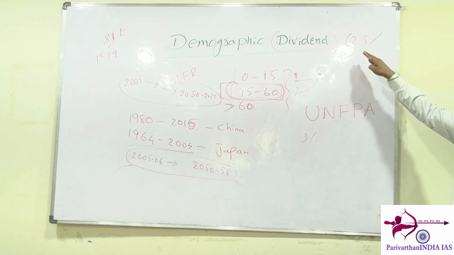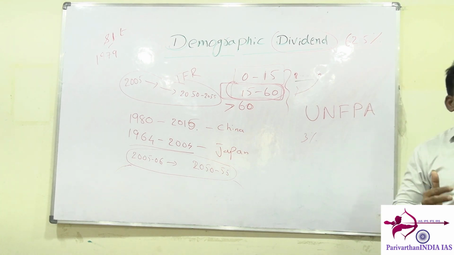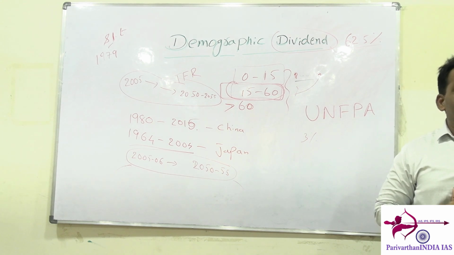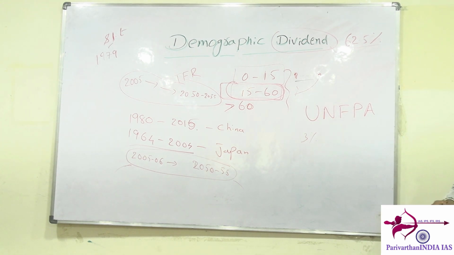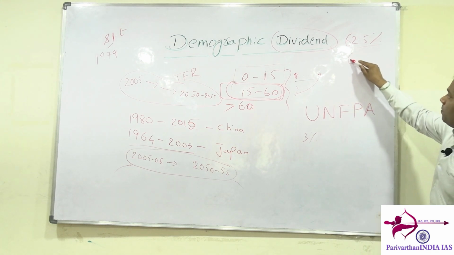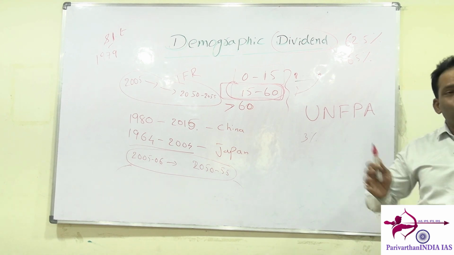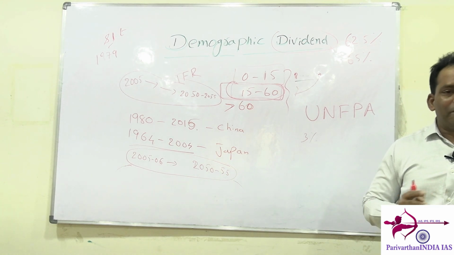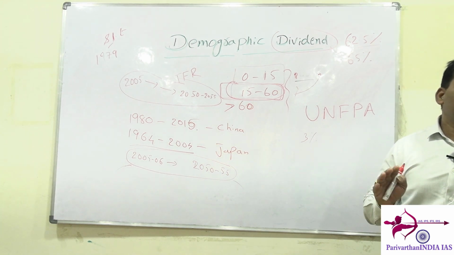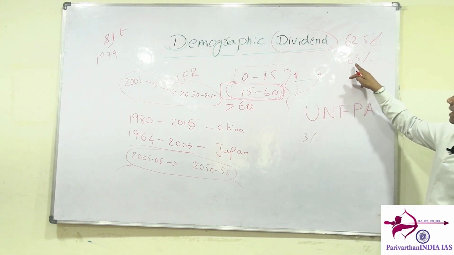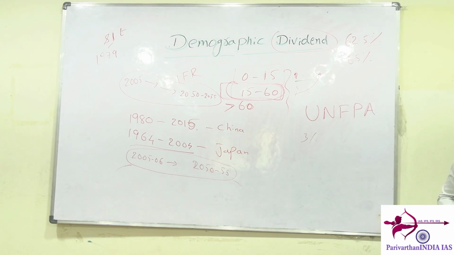It will reach its peak by 2030, in between 2035 and 2041. That is 65%. Which means in the coming two decades, it will be stable and also gradually increasing.